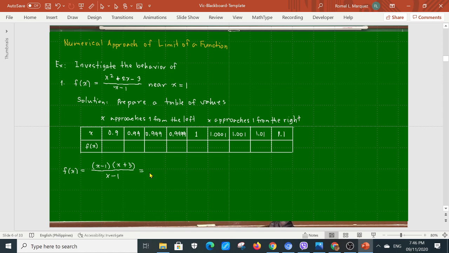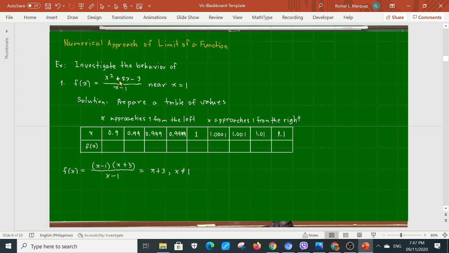So I can write this as x plus 3, as long as x is not equal to 1. So it's easier to compute the value of x plus 3 rather than in this quotient. After all, what we are assigning is not equal to 1.